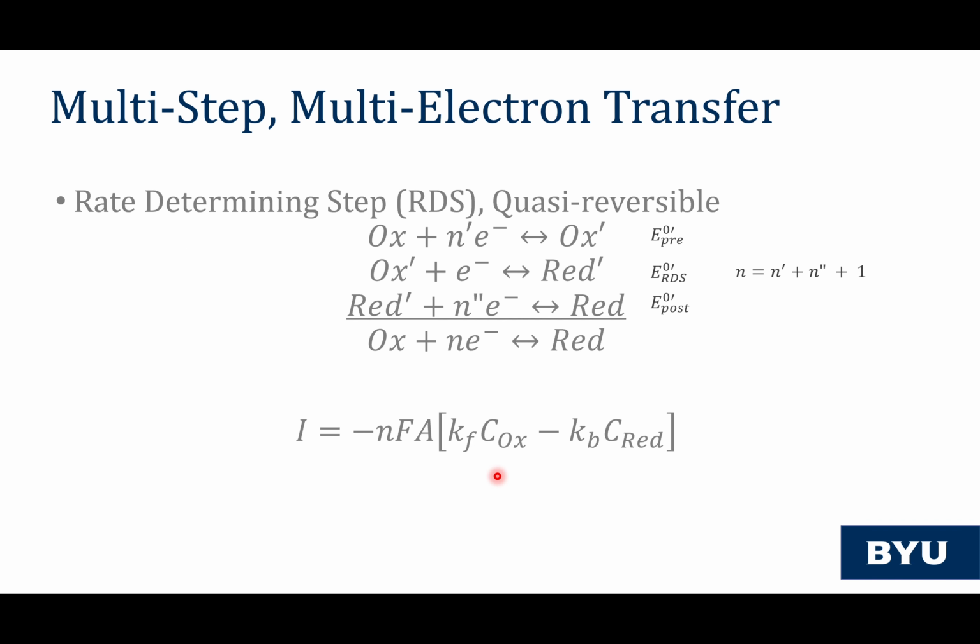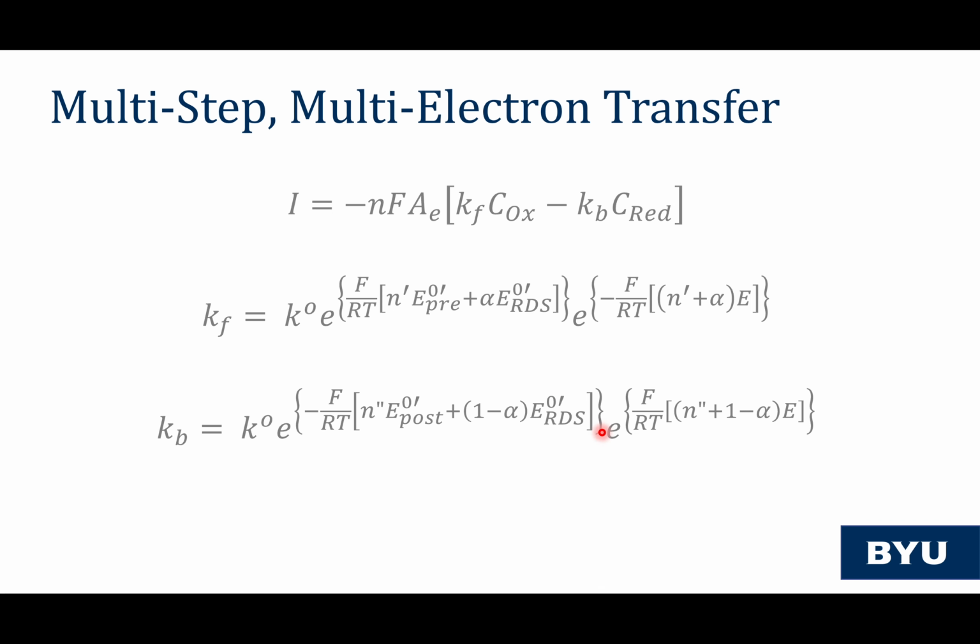Here, this is another example. So we have a rate-determining step and a quasi-reversible reaction. And here, this middle reaction, that's the one that's our rate-determining step. So we have a pre-reaction and a post-reaction, but this rate-determining step, this is the slowest reaction by far. We can write out the net reaction. We can write out our current expression here with our rate constant, or with our rate expression.